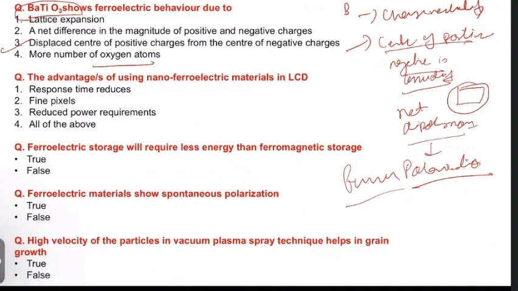Next question. The advantages of using nano ferroelectric material in LCD: we use ferroelectric material in LCD displays. So what is the purpose? Response time reduces, we have fine pixels, or reduced power requirements, or all of the above. We can use ferromagnets, but there's a proper reason why you are using nano ferroelectric.